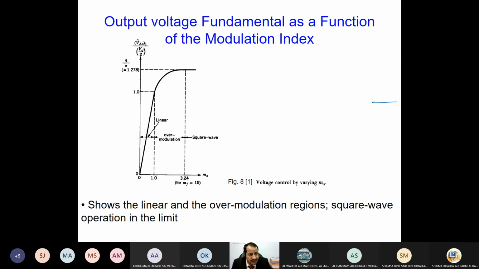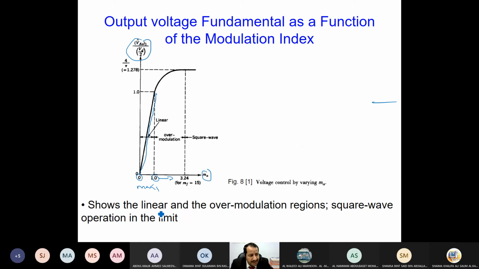This graph shows me the different modulation forms. You can see here MA with respect to the voltage ratio. Now from 0 to 1, which means MA lower than 1, we have linear modulation, as you can see here, linear.